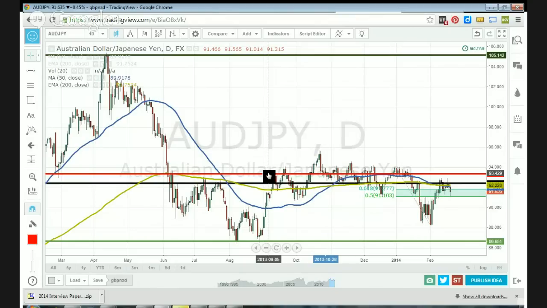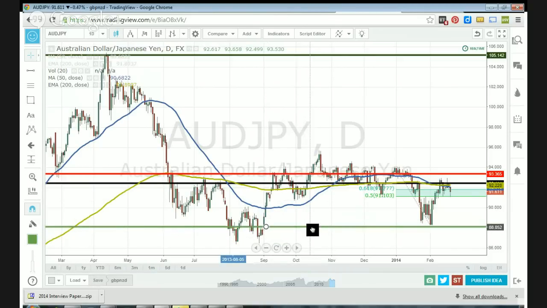Okay, so we have our stop about 120 pips away. And we could have the target profit maybe there, which would mean 400 pips. So yeah, that gives us over 3-1. That's interesting, so we'll go short Aussie yen.